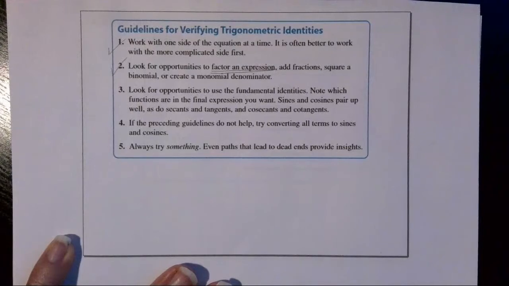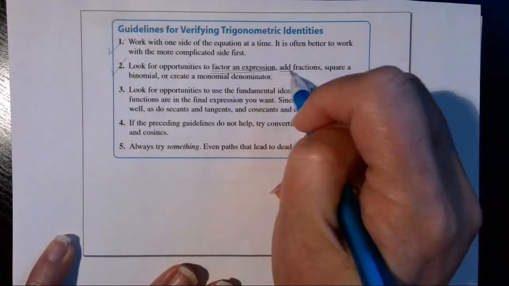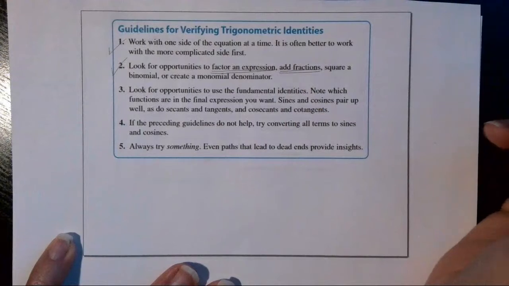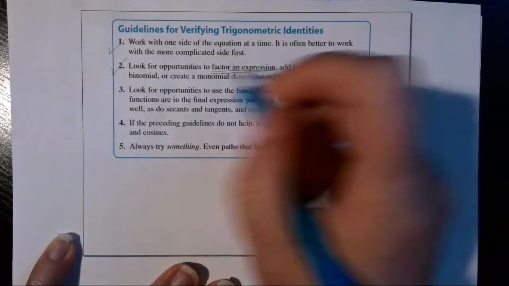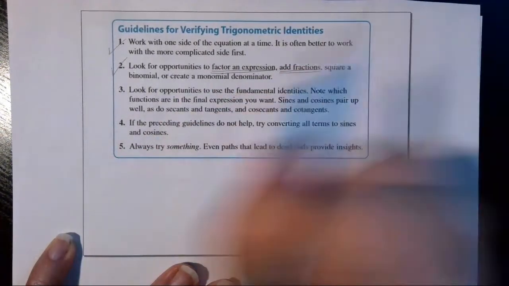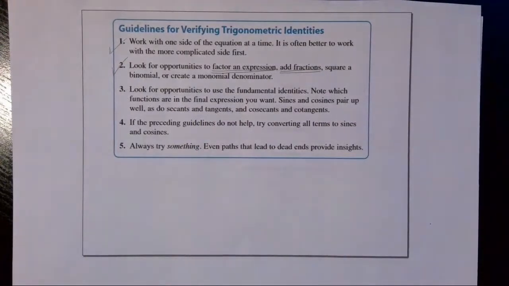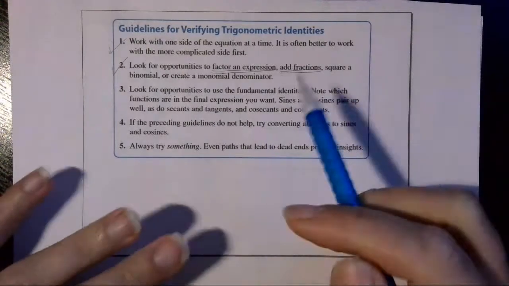Maybe it's a perfect square trinomial or a difference of squares, sum of cubes, some factoring pattern that you recognize. You could also try adding fractions, getting a common denominator and combining things. You could try squaring any binomial terms, or create a monomial denominator. So keep an eye on step two for some of those advanced algebra techniques.